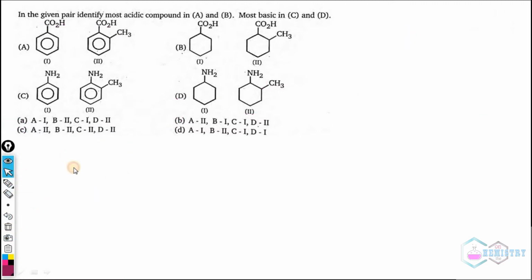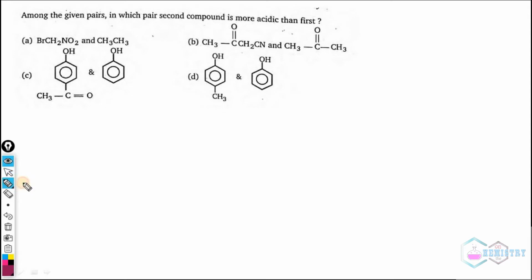Come to the next problem. This is kind of similar. It says that in the given pairs, in which pair is the second compound more acidic than the first. So we have to determine in which of these 4 options the second one is more acidic than the first one. In this case, that is the pair with CH2 NO2.